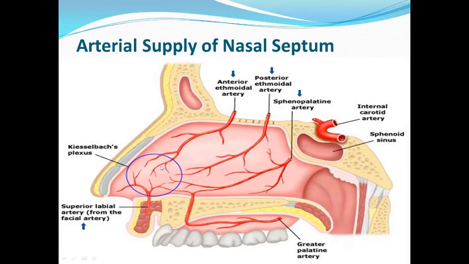Epistaxis means bleeding from the nose, and this is the commonest site where this Kiesselbach plexus is, and this area is known as Little's area. Little's area is the commonest site of bleeding for epistaxis.